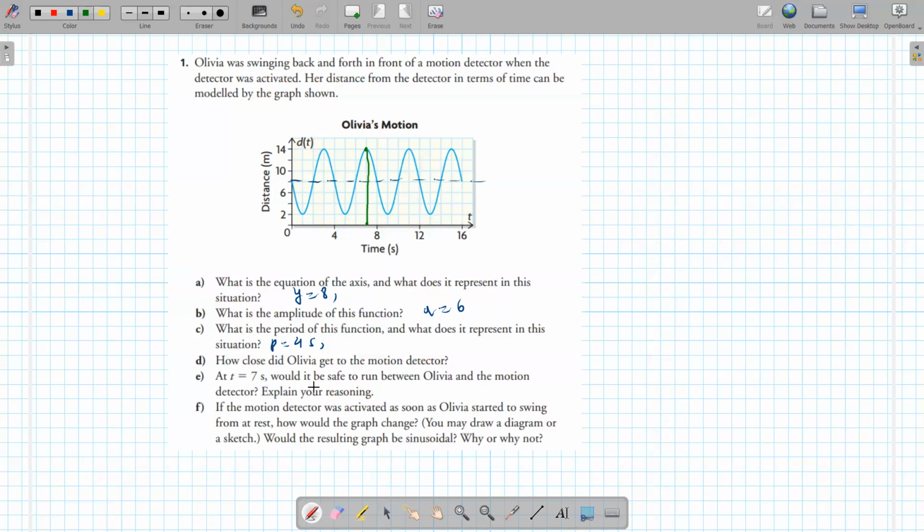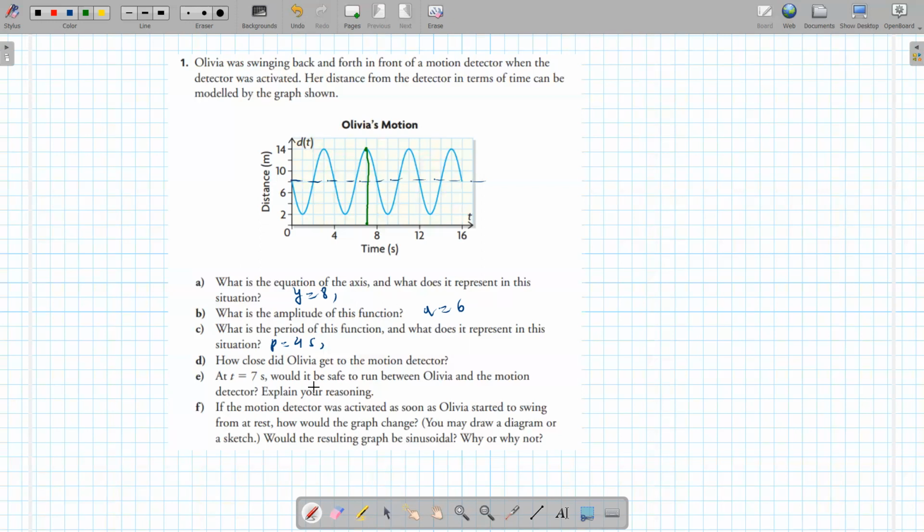F, if the motion detector was activated as soon as Olivia started to swing from at rest, how would the graph change? So we know the motion detector detects up to 14 meters away, yeah?